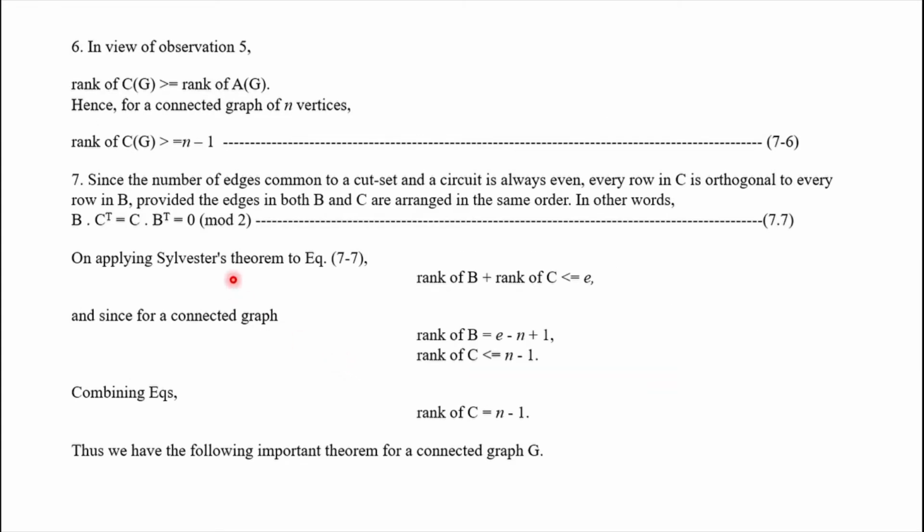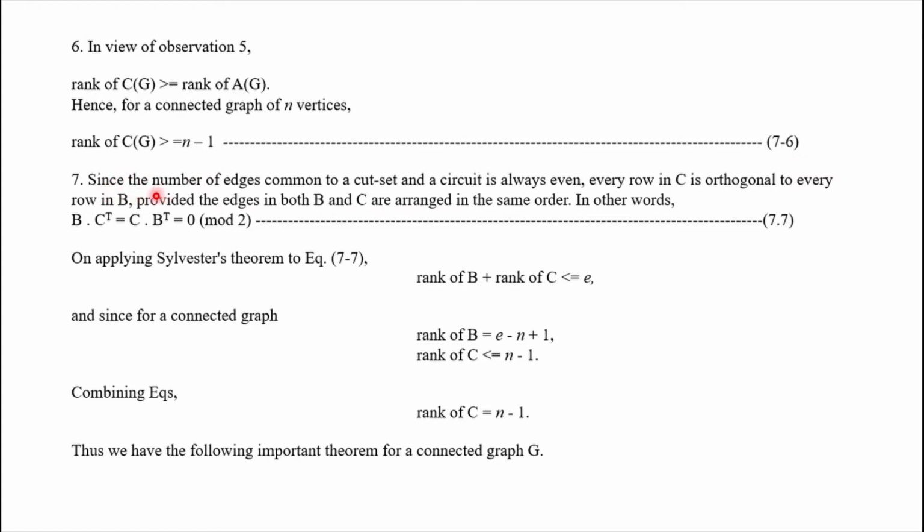From this observation, we can make out that rank of CG will be greater than or equal to rank of AG. We have already found out, there's a proof for this, that the rank of AG is n minus 1. When we substitute its value, we get that rank of CG is greater than or equal to n minus 1. This is our equation 7.6.